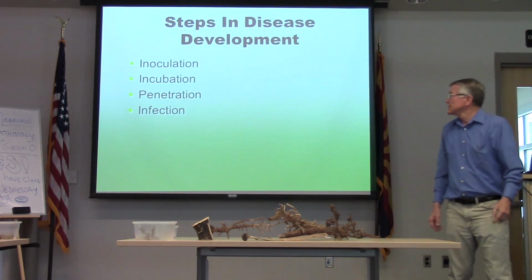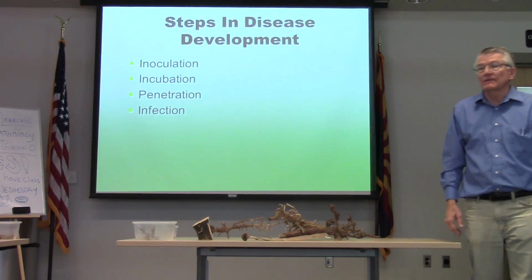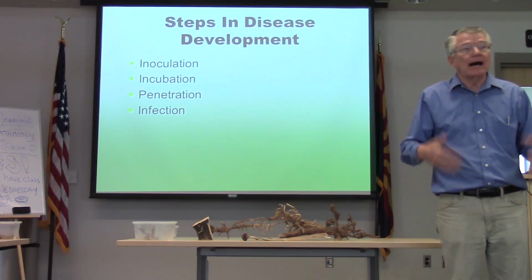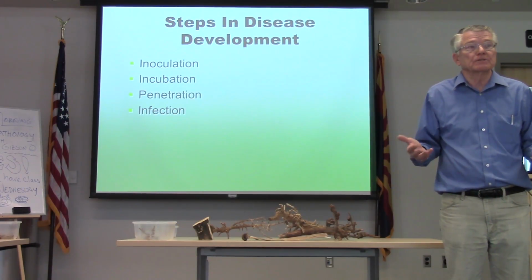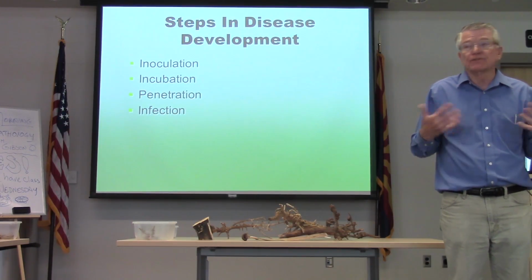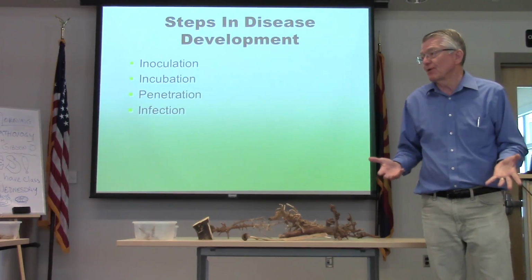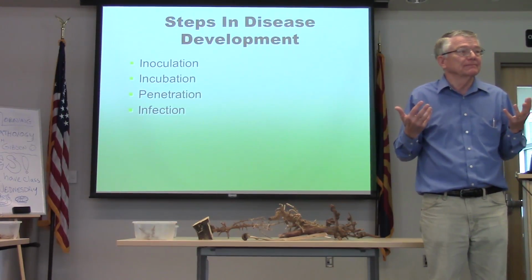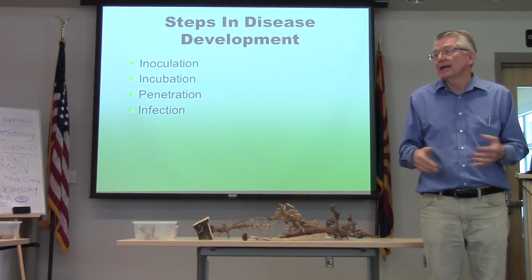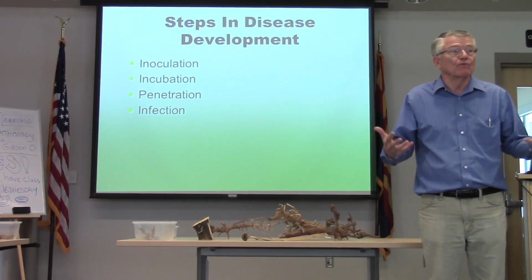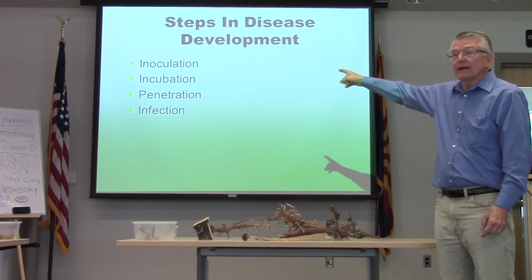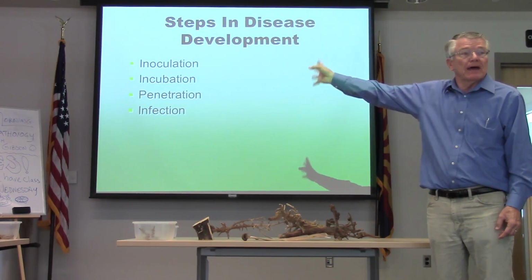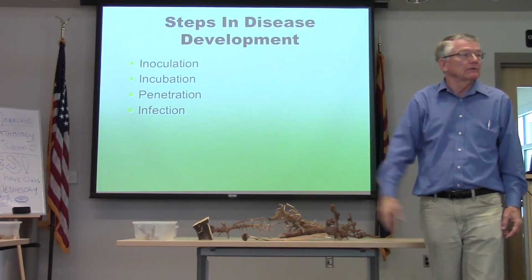And then there is this process of infection. "I am successful," says the spore, says the fungus, says the disease, says the virus. "I got past the defenses, and now I am going to move forward." Any one of those places in there, the pathogen can be shut down.